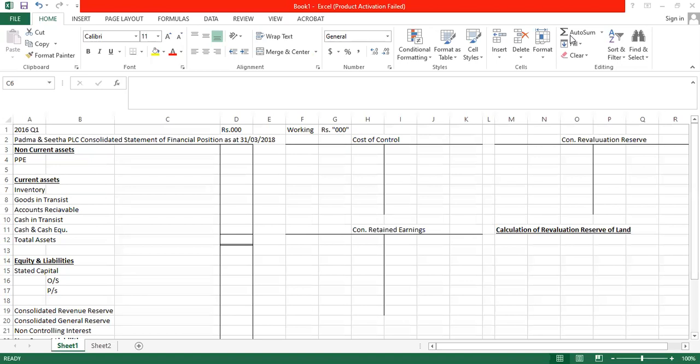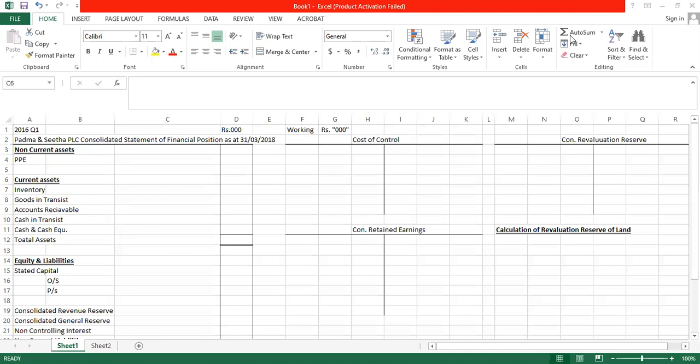Again, I will repeat it: a group is a parent and all its subsidiaries, right? So that is the definition for the group.